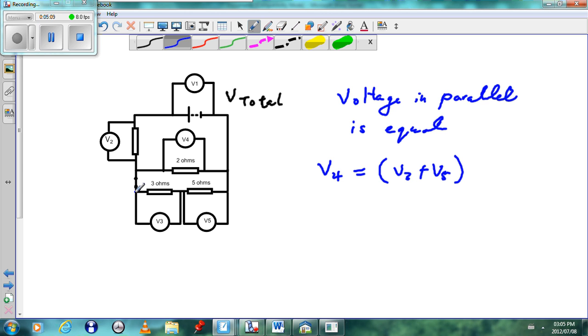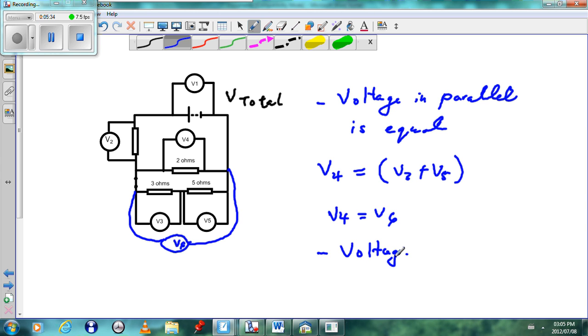So even if I had to put a voltmeter here, for example, and I can call that maybe V6, then we can say that V4 will always be equal to V6, and that is the rule relating to voltage in parallel. And the other rule that we must remember is that voltage or potential difference in series is added. Voltage in series will be added.